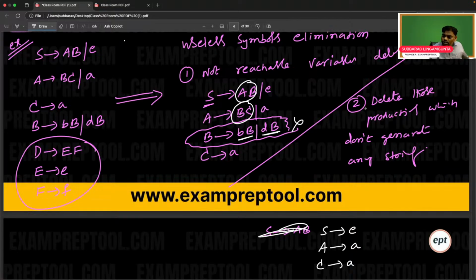You have to do this as the first step. Do the reachability step second.